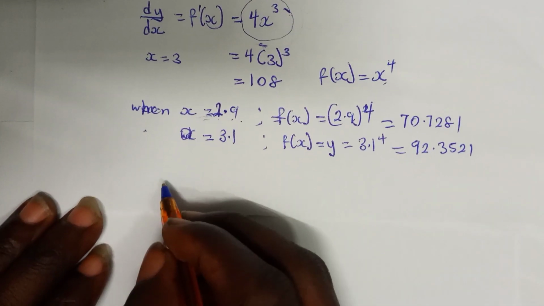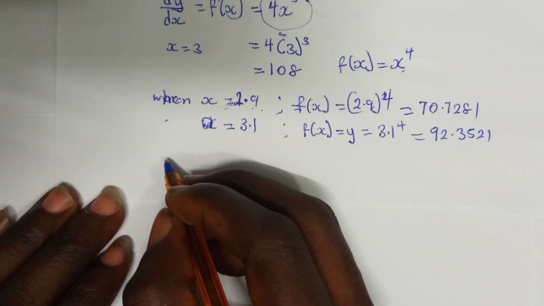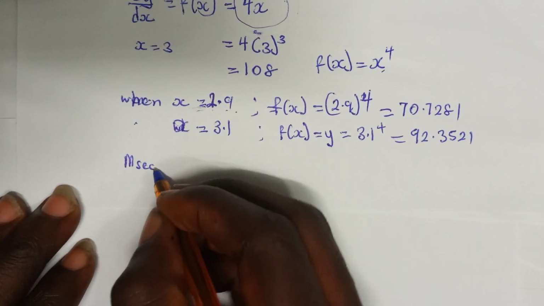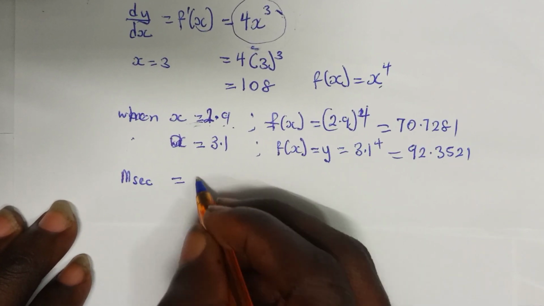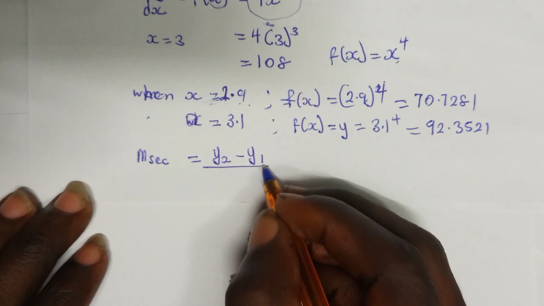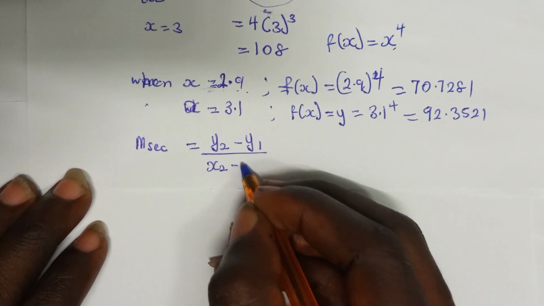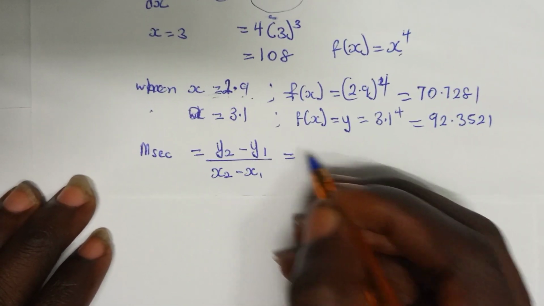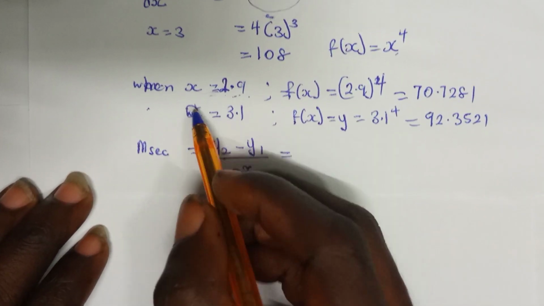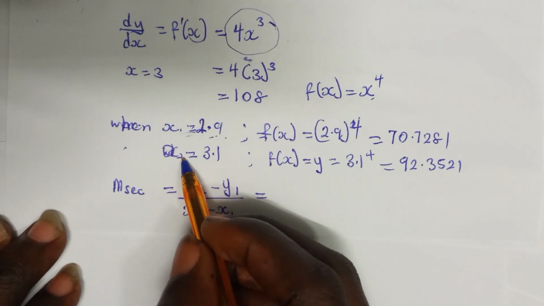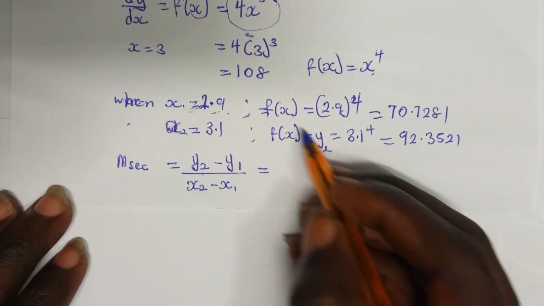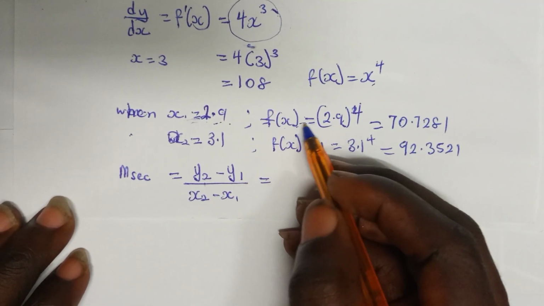Okay, so let's solve for the gradient of the secant. The gradient of the secant is equal to y2 minus y1 divided by x2 minus x1. We have our x1, x2, y1, y2, and f of x is the same as y.